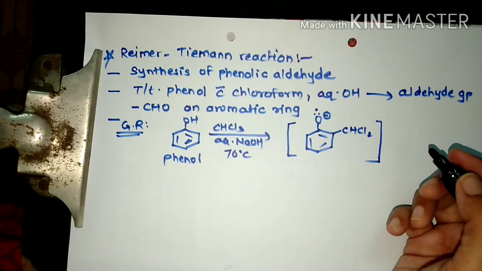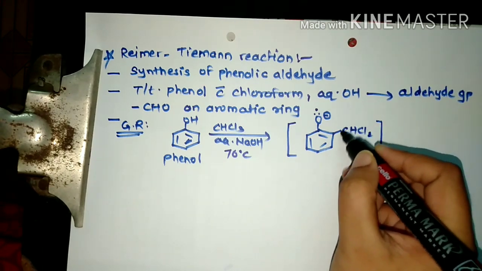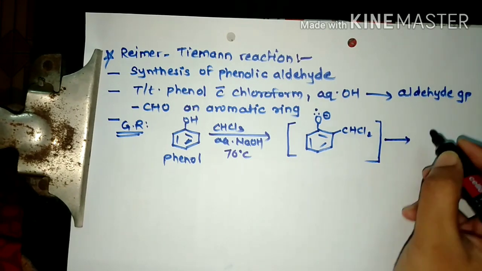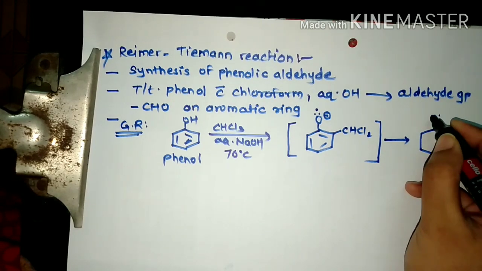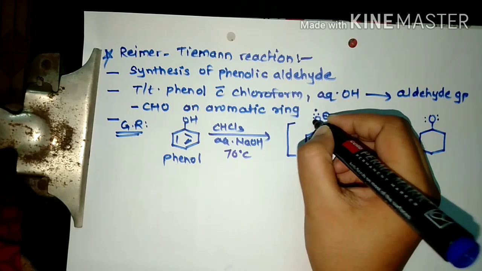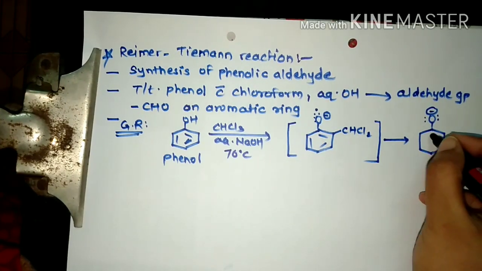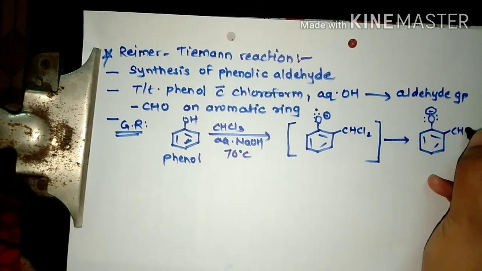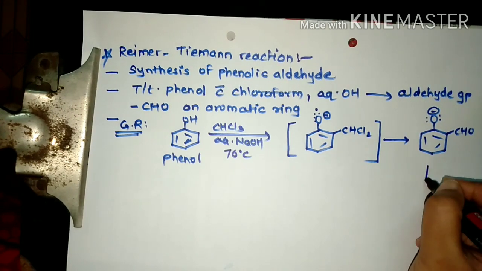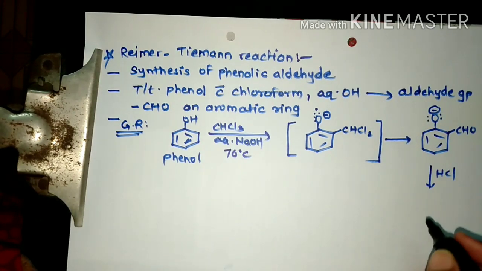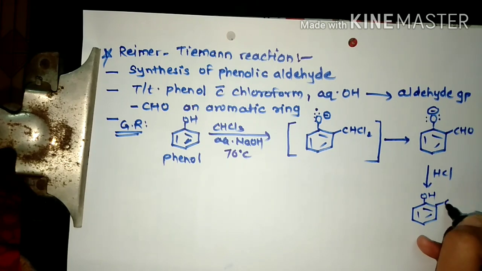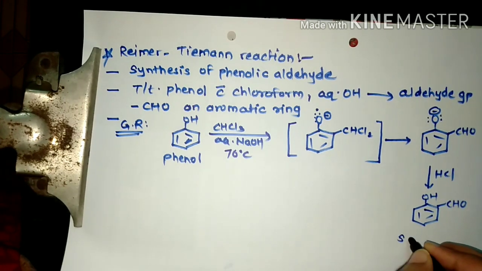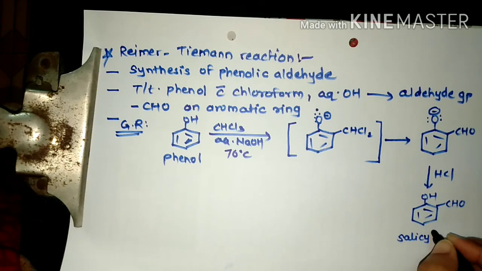Now, what will happen? The CHCl2 is converted into aldehyde. And in presence of HCl, there will be formation of phenolic aldehyde, which is called as salicylaldehyde.